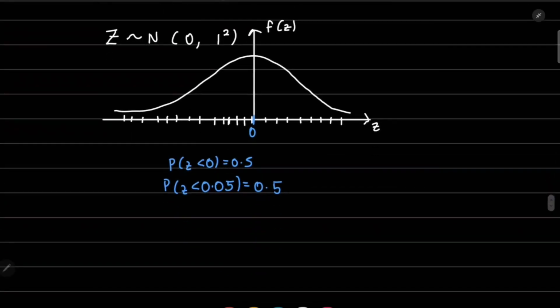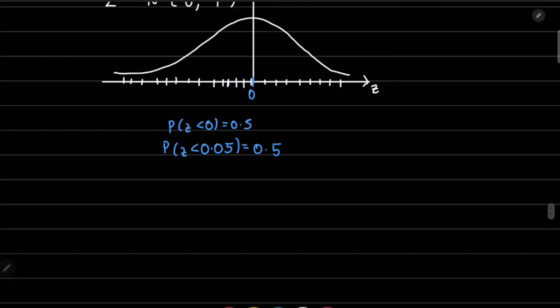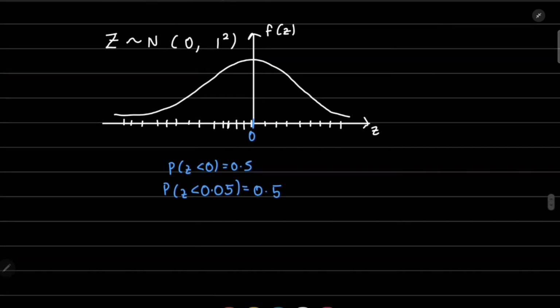Getting back over here, the good thing about using the mean to be 0 is that corresponding values will just change sign. By corresponding values I mean, since this is symmetric, if I look at this value over here, suppose this is 1, then this value over here will be -1.